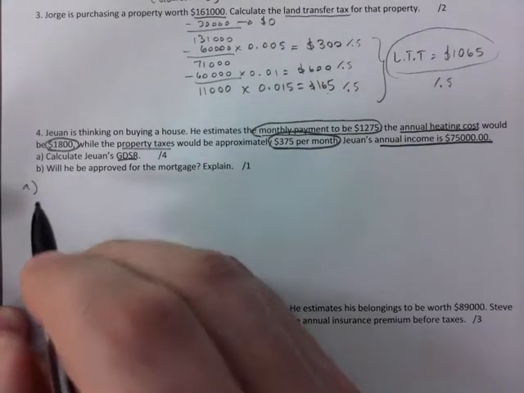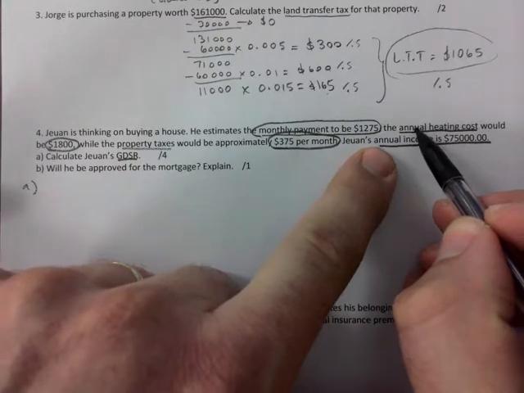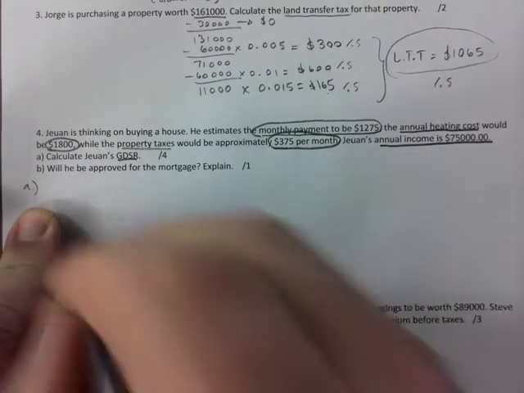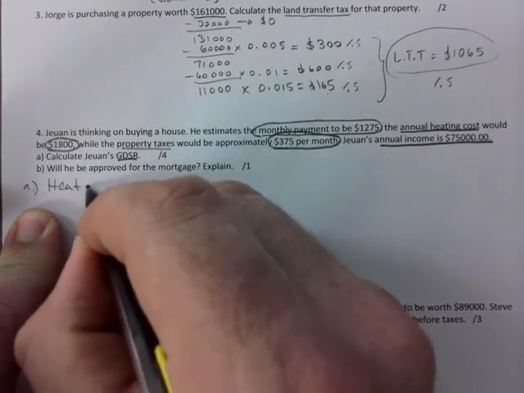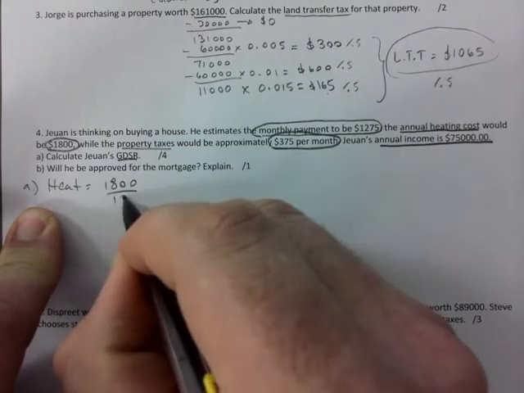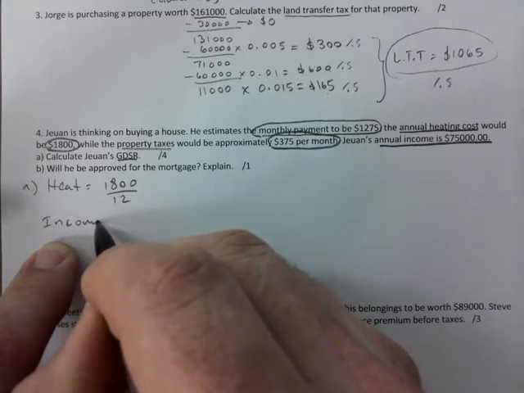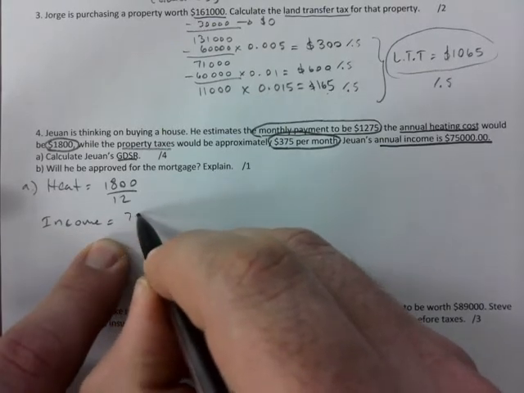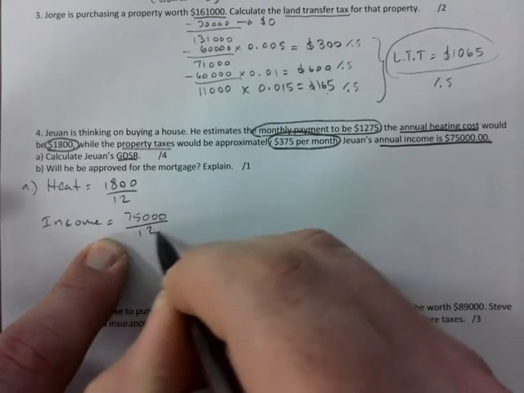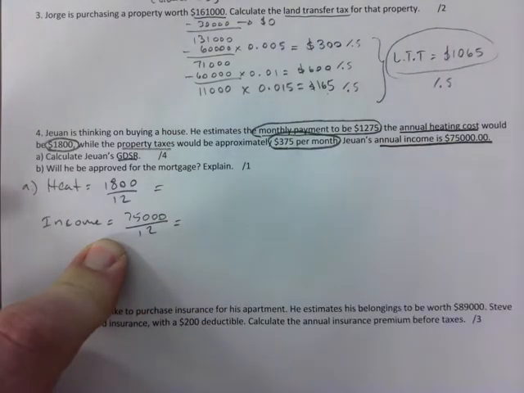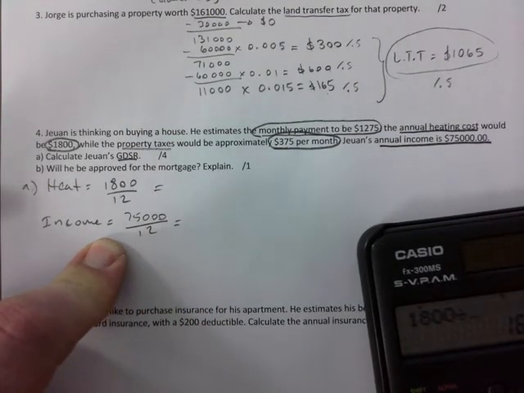Anything that says annual or yearly, I want that as a monthly amount. So for heat, I need to take the $1,800 divided by 12. For income, I need to take the $75,000 and divide it by 12. So let's see what that all amounts to.